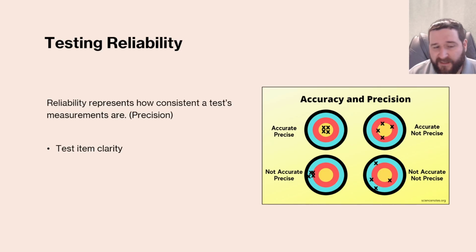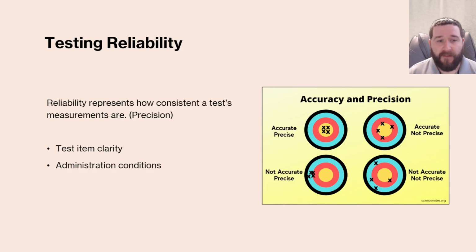So some things affect that testing reliability. How clear our test items are will throw off the reliability. Do students understand the question, what it's asking? Administration conditions: if a fire alarm goes off in the middle of your test and students are intently focused and they have to go outside and come back in, that will possibly affect their scores. So things that happen during the administration of a test, how loud the room is, how the lighting is, all of that can play into that testing reliability.